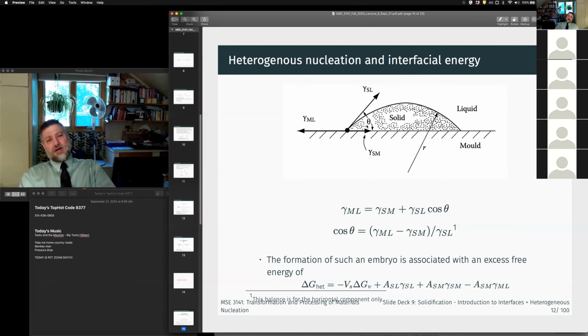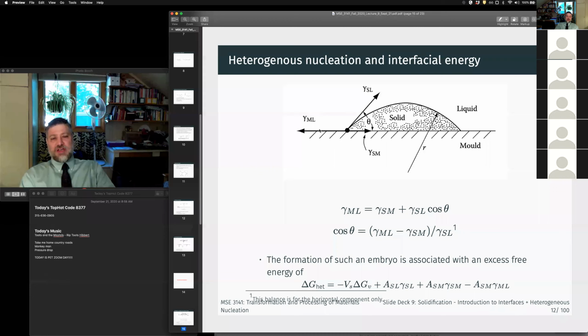But our balance of forces still has to hold, right? So if we consider the balance of forces at this point, we can think about this as a free body diagram.